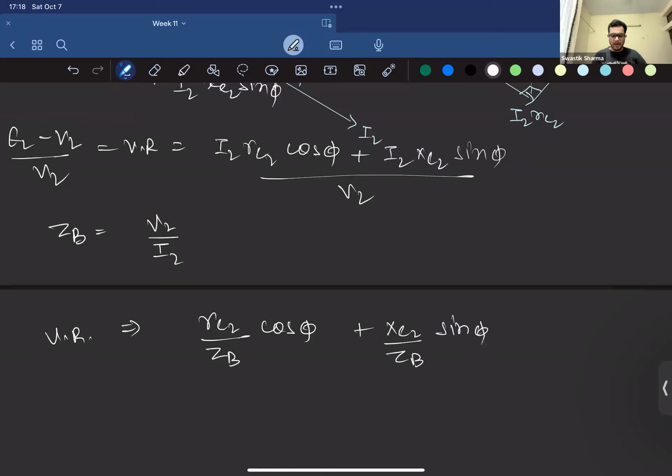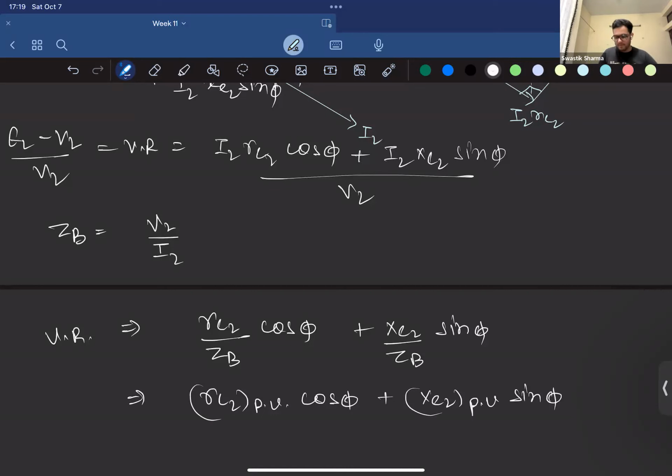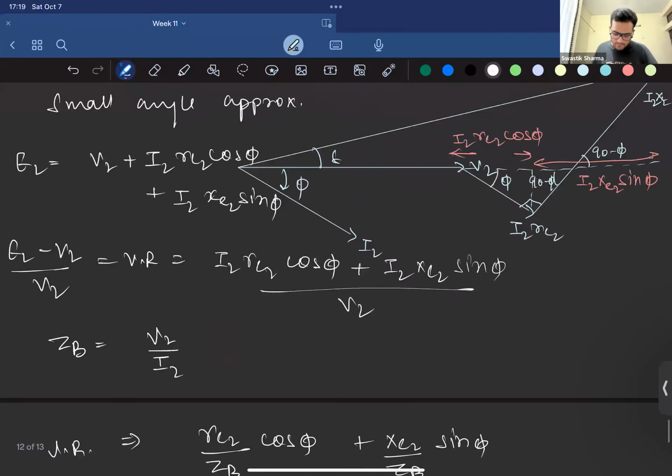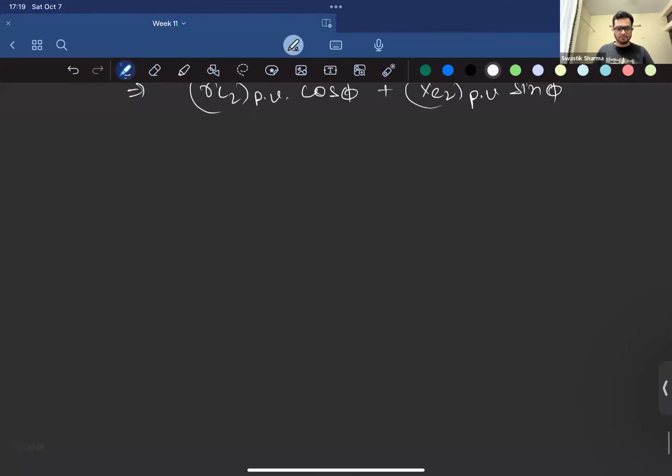This here, RE2 upon ZB and XE2 upon ZB are called per unit resistance and reactance. These are per unit quantities. So this is how you represent it for lagging power factor loads.